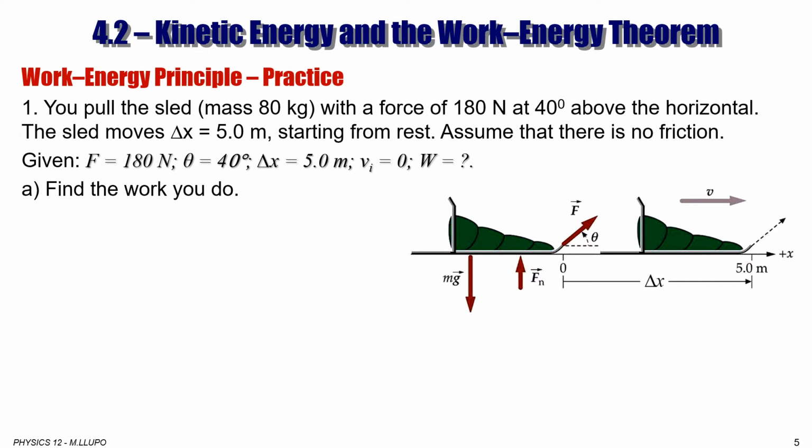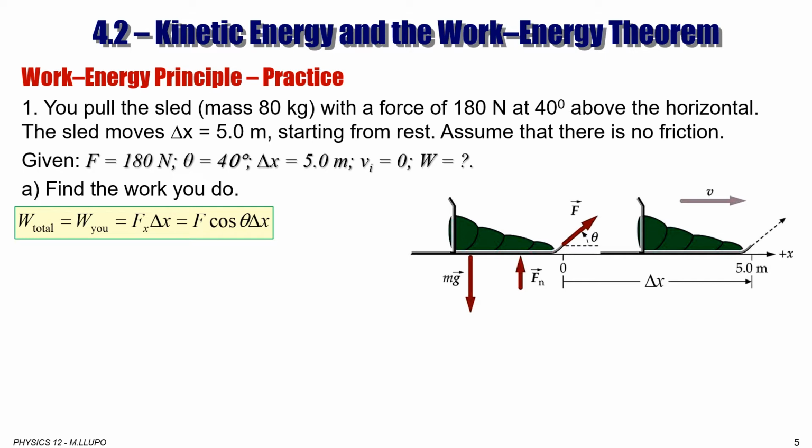Let's see what is given. Force is given, 180 Newton. Angle is given, 40 degree. Displacement is given, 5 meters. Initial velocity is given, that is 0. What is required is work. So to find work, what do we do? So total work is the total work that you do, which is the force that you apply on x-axis, F cosine theta times displacement, or force times displacement times cosine theta.